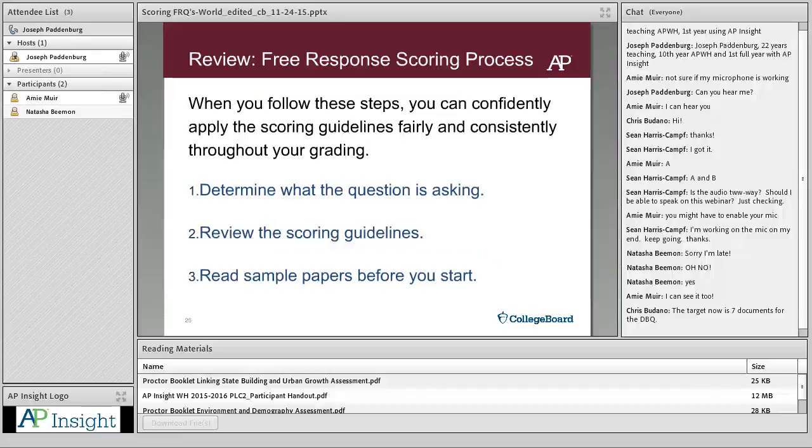All right, did we see the free response scoring process next? Yes. Oh, good. All right, this is the same thing they teach you to read. The first thing we teach our students is what is the question asking, and this is one thing I beat into my students. AP stands for address the prompt.